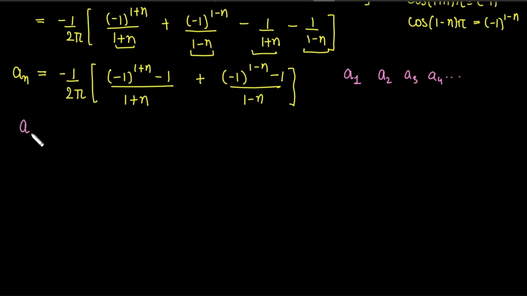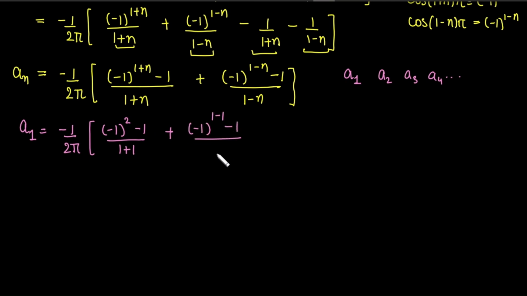If we take n is equal to 1, in this case what we have? Minus 1 upon 2 pi minus 1 raised to power 1 plus 1 is 2 minus 1 upon 1 plus 1 plus minus 1 raised to power 1 minus 1 upon 1 minus 1. This is equal to minus 1 by 2 pi.